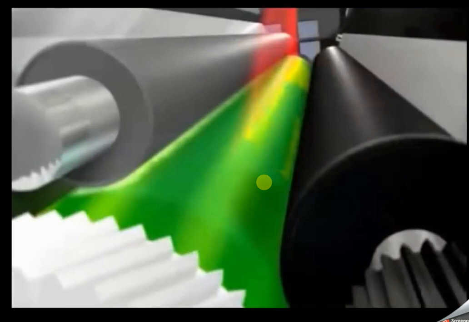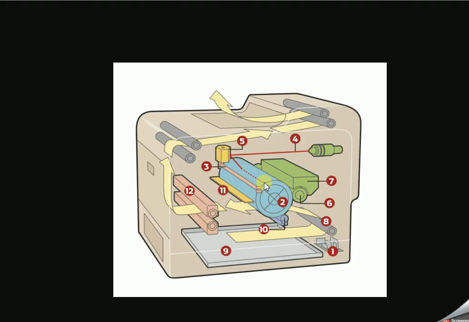At the same time as the drum being activated and positively charged, the circuit, number 1, activates the laser, number 4. The laser shines onto a rotating mirror, which then hits the drum.